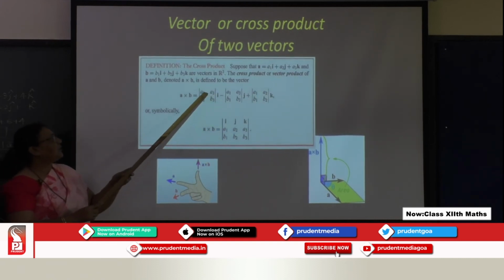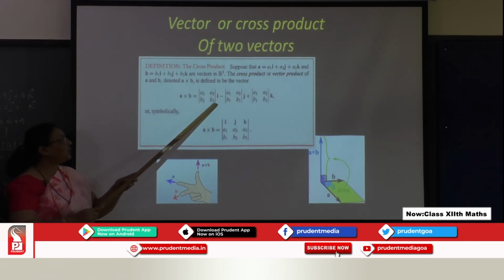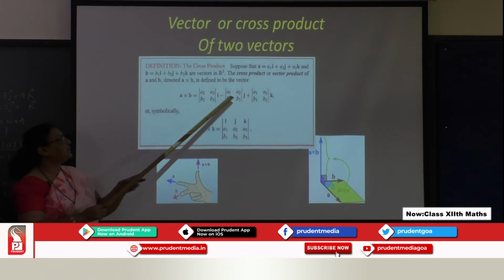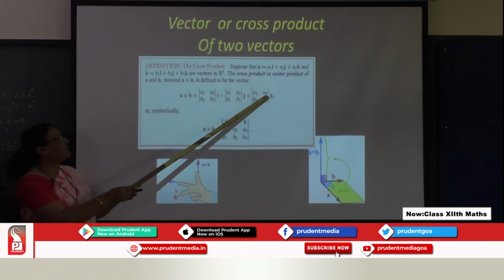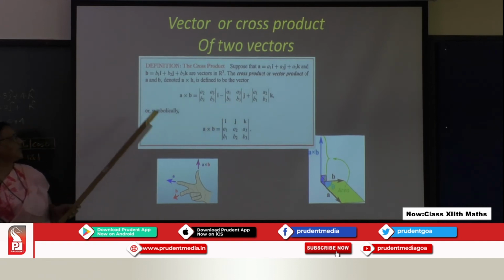Now how to simplify this? It's this way, you have to multiply A2, B3 and B2, A3. Similarly here, both you are supposed to multiply, and I will show you all this with an example.